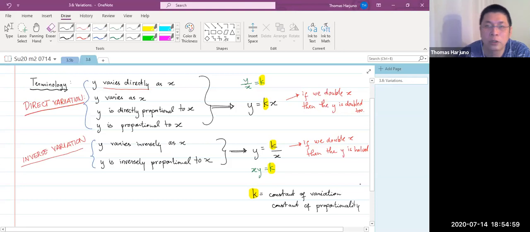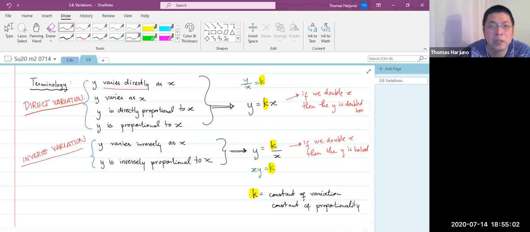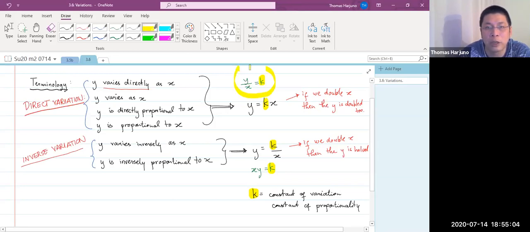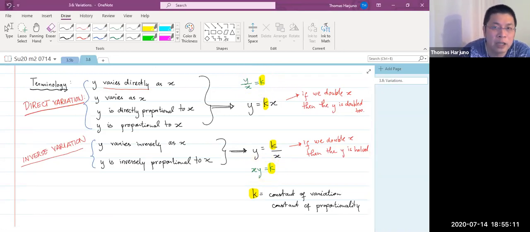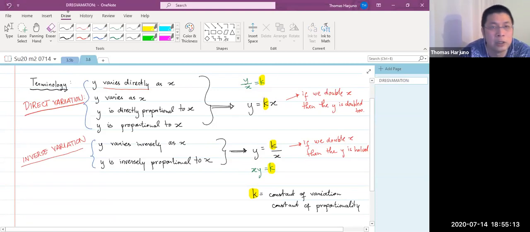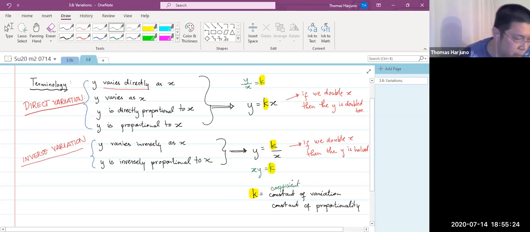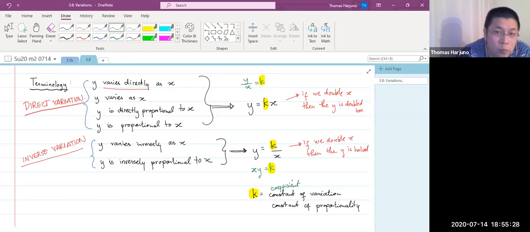Now we call that constant of proportionality, especially if we write it this way. But I know in some textbooks, instead of calling them constant, some textbooks also call them coefficient of variation or coefficient of proportionality. Okay, those are the wordings.